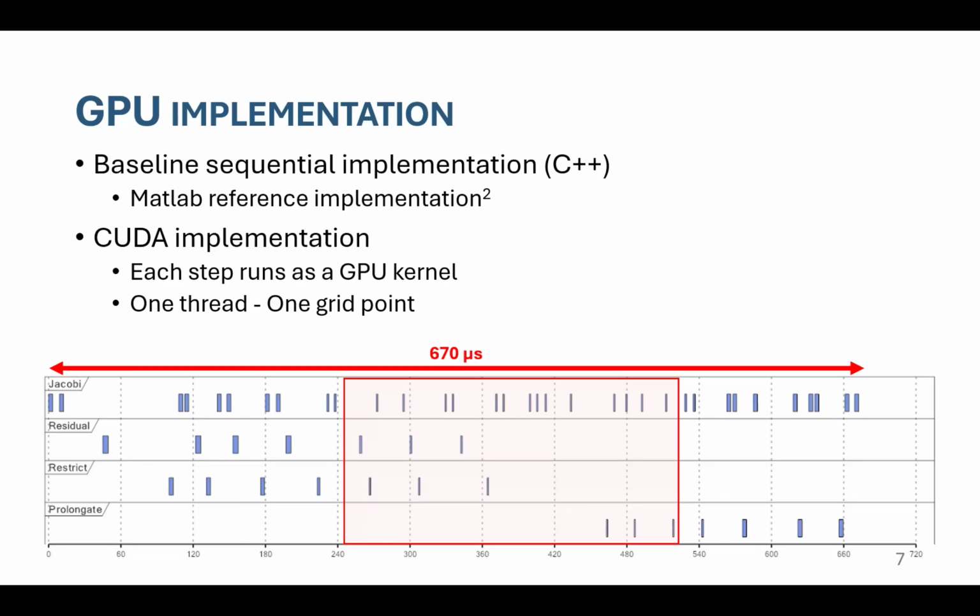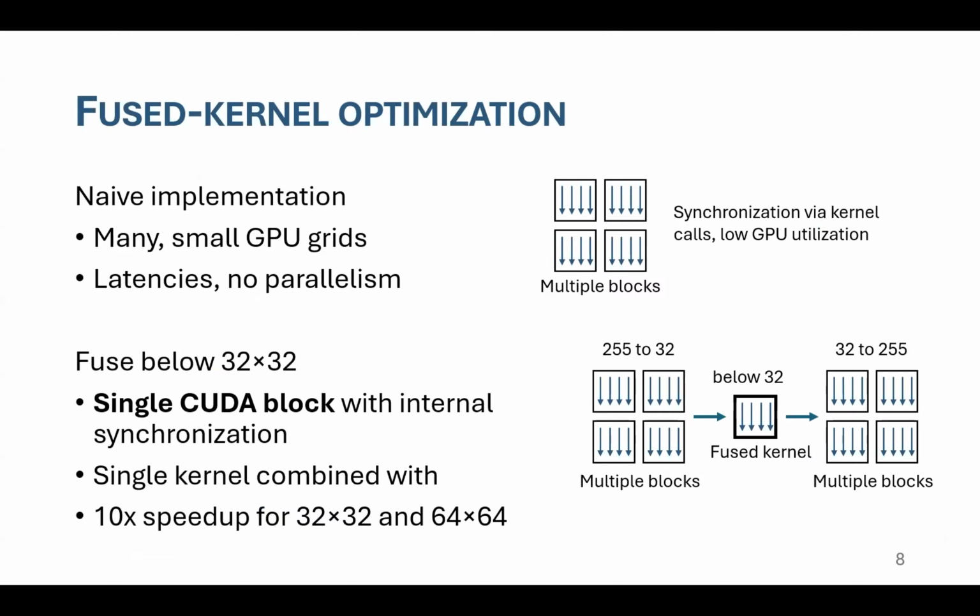And especially in this red region, we can see that the GPU is, well, idle for the most part. The kernels are very short. And note that the multigrid reduces the entire problem into a single point, meaning that at some point we are starting up an entire CUDA kernel for a single item. So we can drastically improve it using a kernel fusing technique that I have implemented.